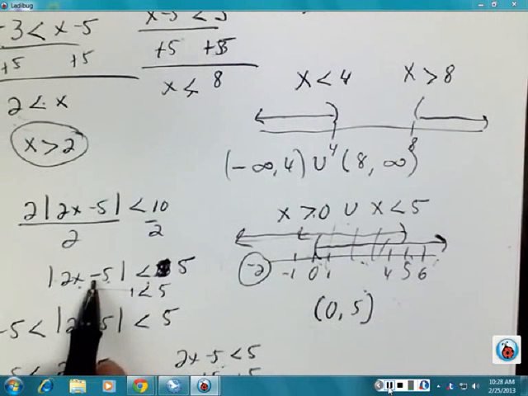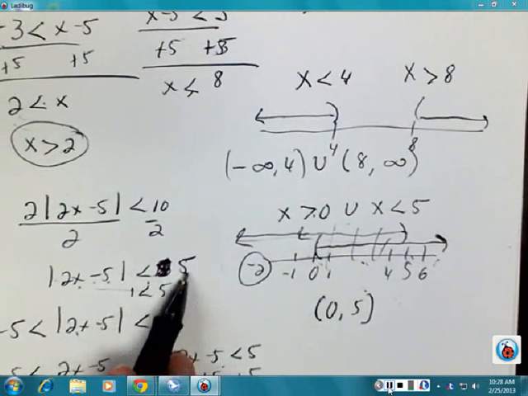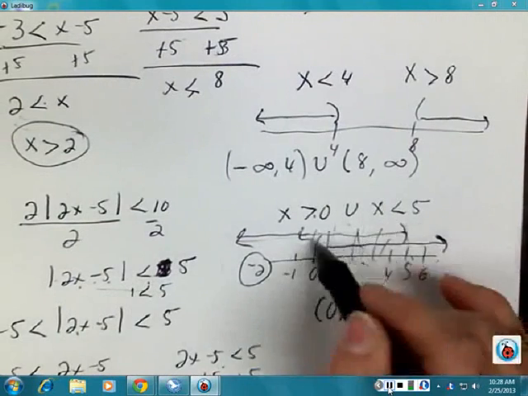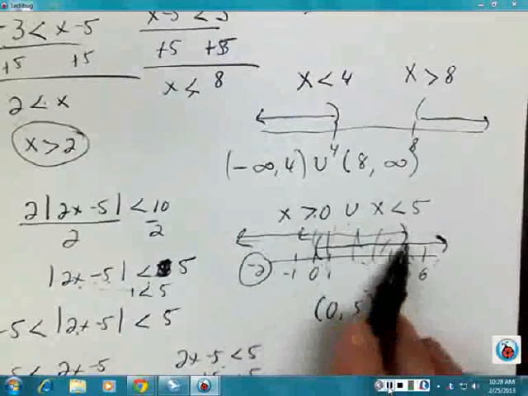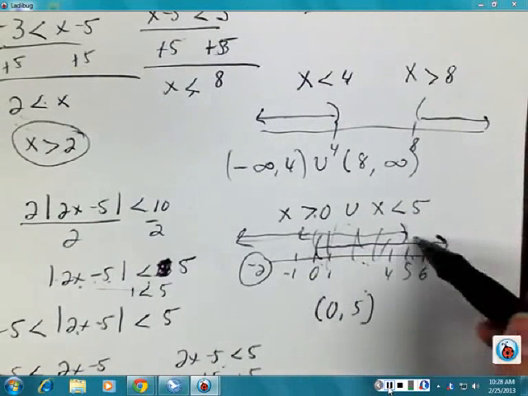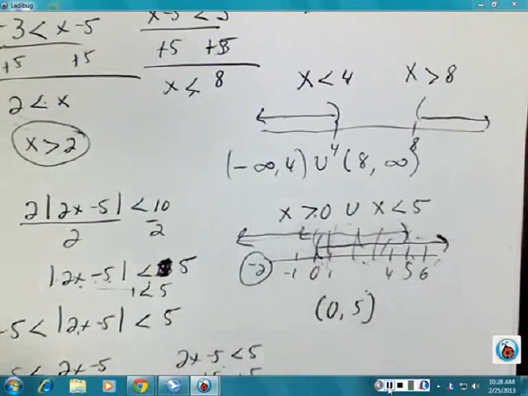The absolute value of a negative 9 is a positive 9, and a positive 9 is not less than 5. Okay? So it limits me to only in between these two because that's the only piece that'll make that work. If I pick anything beyond where these two overlap, it will not work for an answer. That's a good question to ask because that's what happens with it.